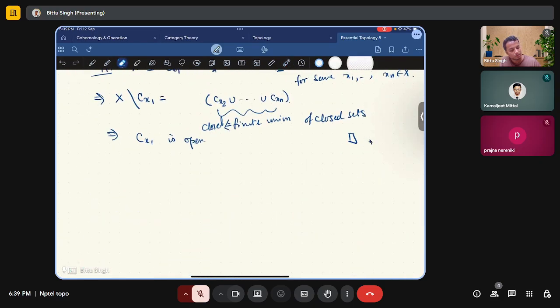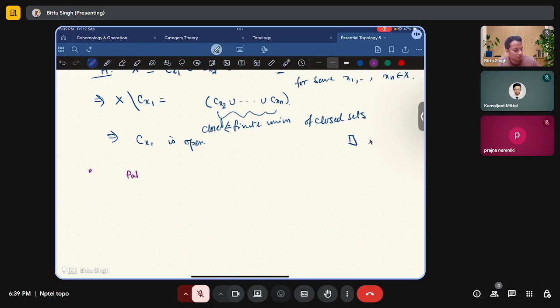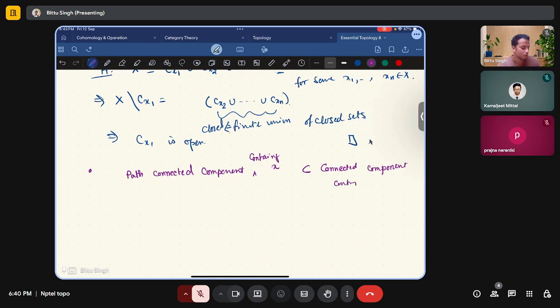So a nice observation is that the path connected component containing x will be a subset of the connected component containing x. This is true for all x, right?